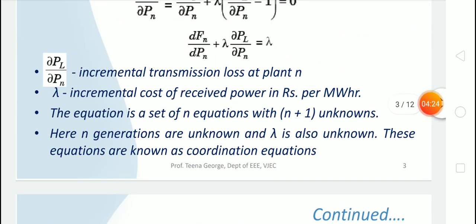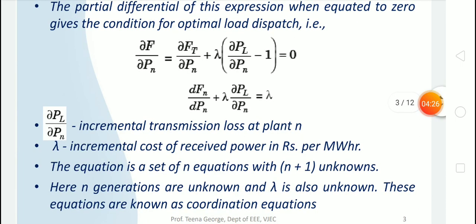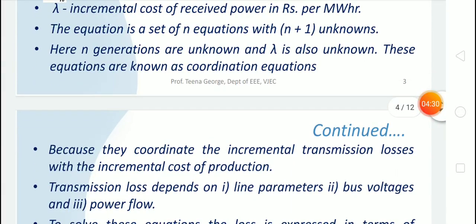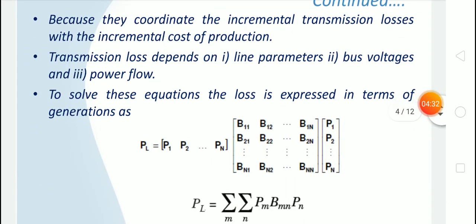So to solve this equation, we have to know the incremental transmission loss or the transmission loss. Transmission loss depends on line parameters, bus voltages, power flow, etcetera. Finding the actual value of transmission loss requires tedious calculations.